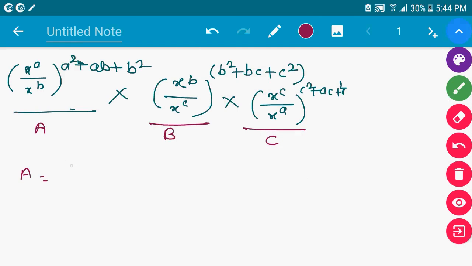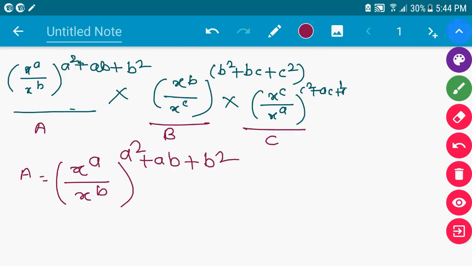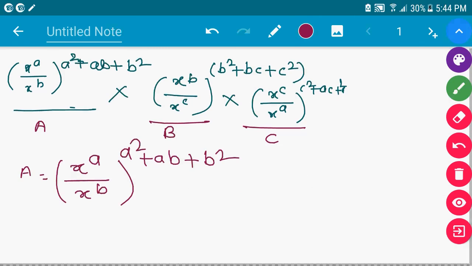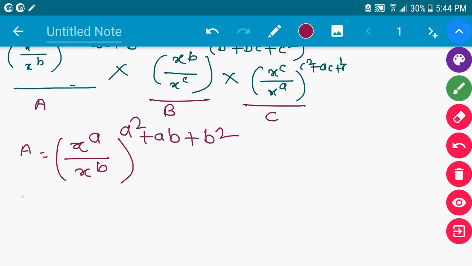A is equal to x raised to a upon x raised to b, raised to a square plus ab plus b square. Now think about the law of exponents. If x raised to m is divided by x raised to n, here the base is the same and the exponents are different. At that time, what were we doing? x raised to m minus n, we were doing. Do you remember it?